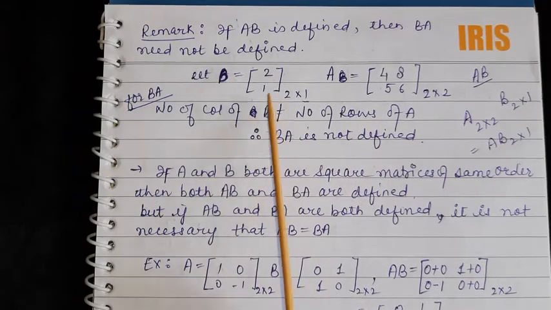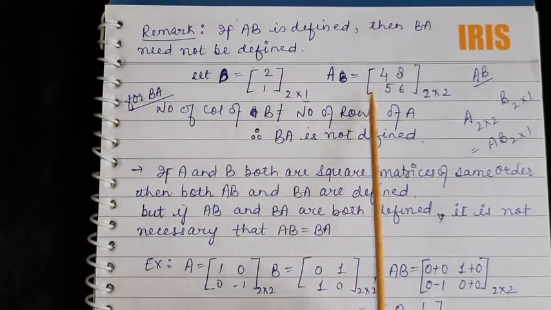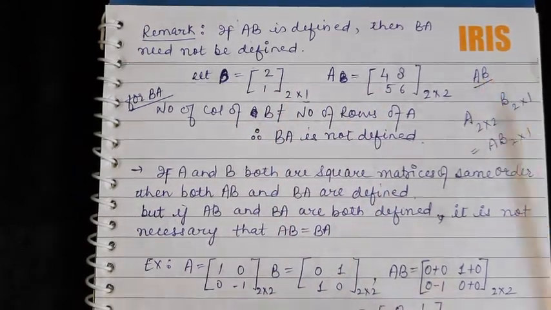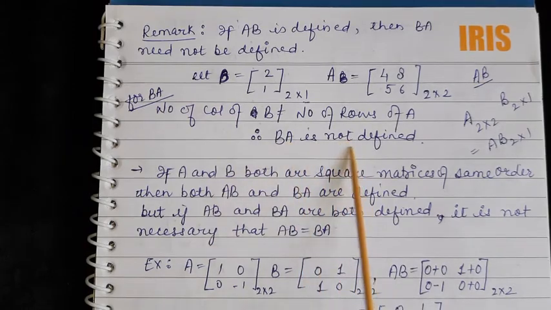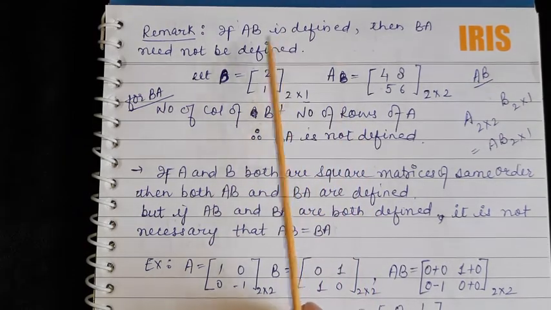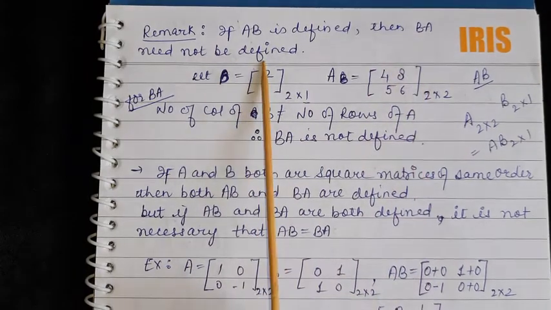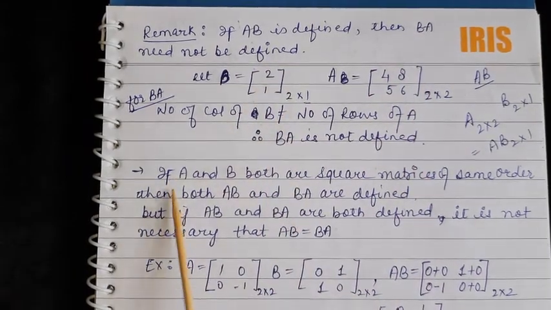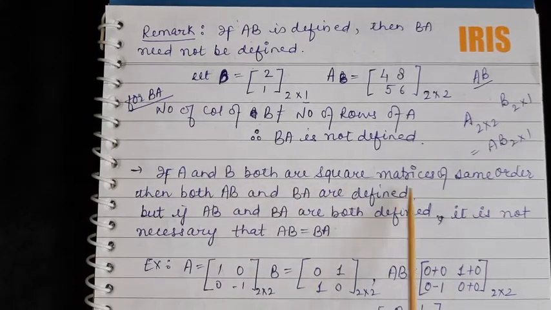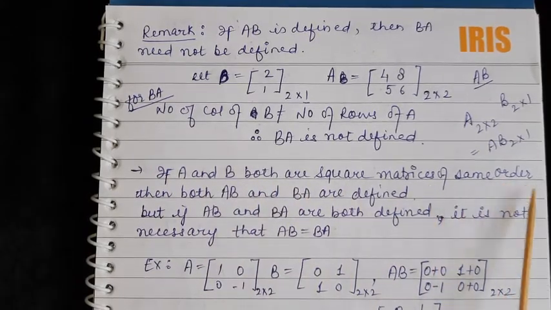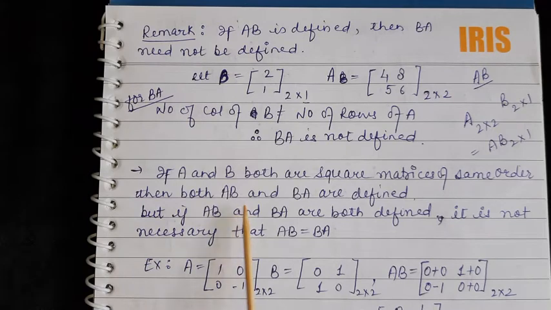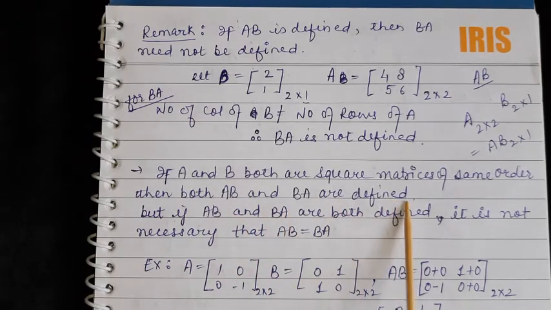It means that given the same matrices, the AB product is defined but the BA product is not defined. So this remark says that if AB is defined, then it is not necessary that BA will be defined. But if A and B both are square matrices of the same order, then both AB and BA are always defined.